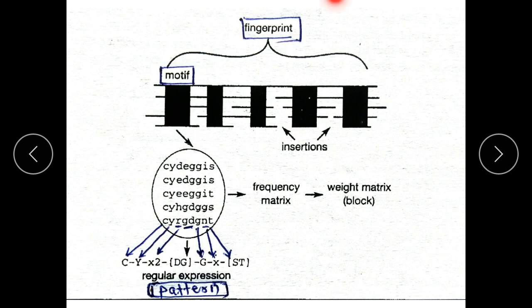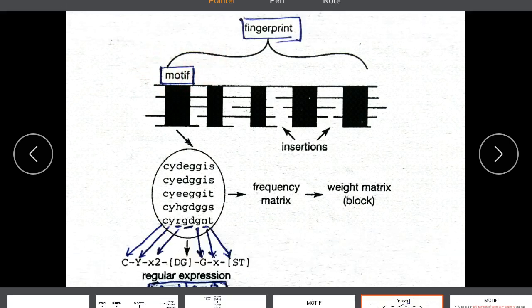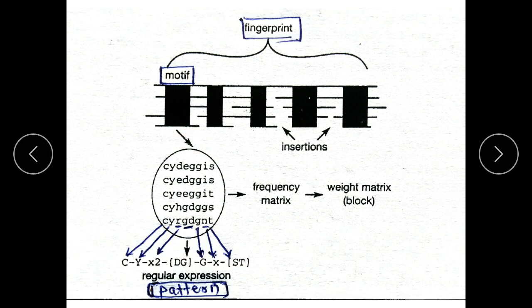So this is a motif and this is the sequence. The first is C, second is Y, which is common to all, third is X2, where X means any amino acid, so X2 means any two amino acids. Again DG, so DG is common to this sequence, either D or G.